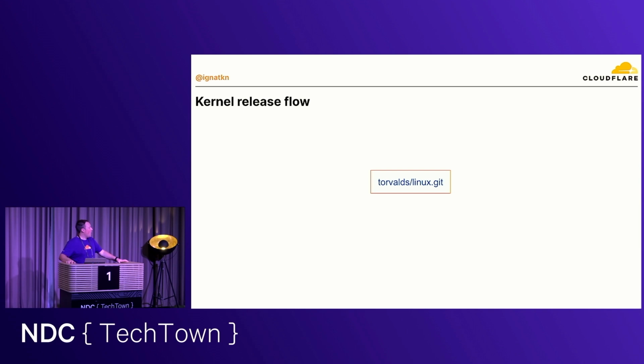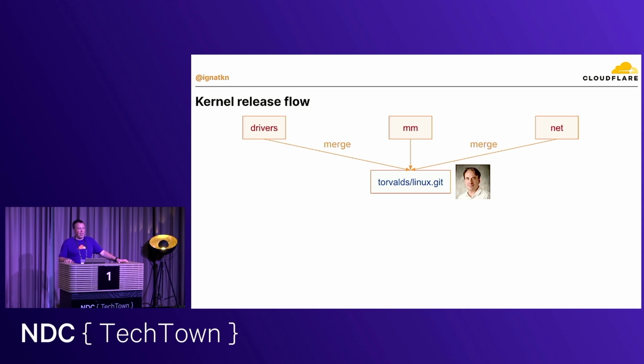So let's see how the kernel development process works in a nutshell. The main code for the Linux kernel is contained in Git, and this repository is solely controlled by Linux dictator Linus Torvalds. But then you have development branches for different subsystems.